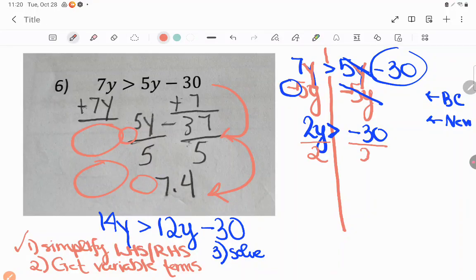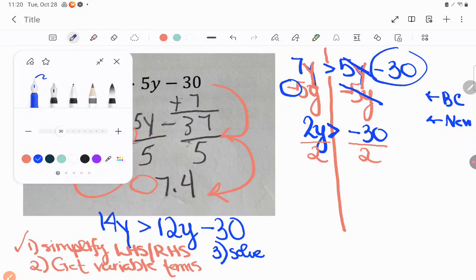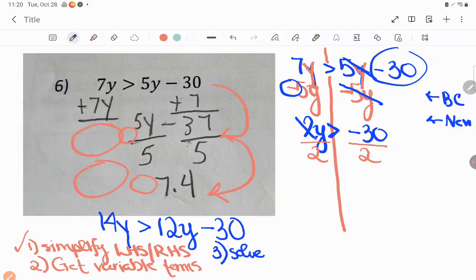See why I like to flip colors? And we can see it's identical. Same operation, same number. And now it's time to write what my new equivalent inequality will be. Multiplying by 2 and dividing by 2 really are opposites. And so they cancel. Y is alone, just like I wanted. I've done nothing to affect the inequality symbol. I didn't multiply or divide by a negative. And negative 30 divided by 2 is negative 15.